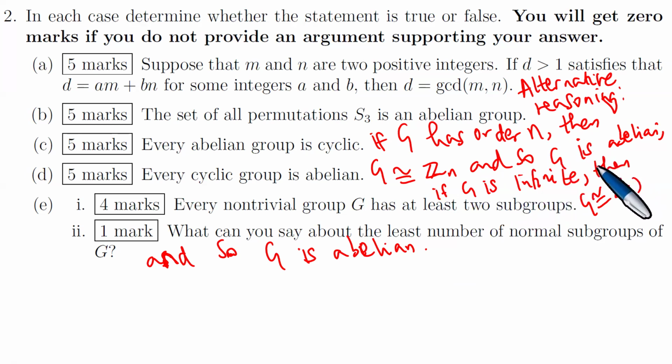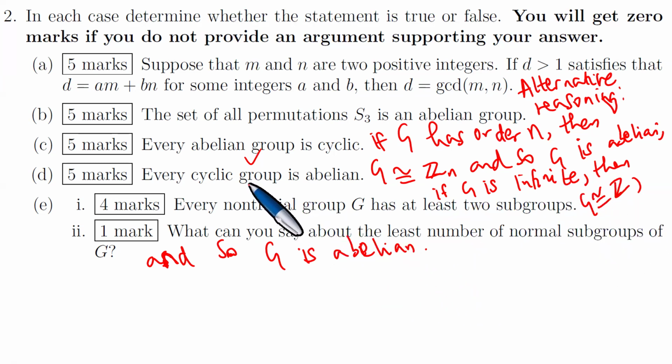We are starting from the fact that every cyclic group is abelian. If G has order n, then it is isomorphic to Zn, and so G is abelian. If G is infinite, then G is isomorphic to Z, and so G is abelian.